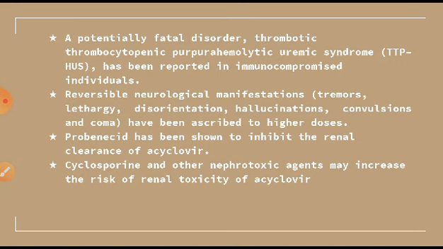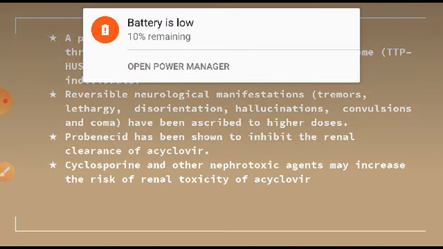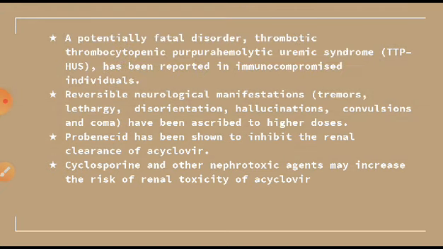Reversible neurological manifestations like tremors, lethargy, disorientation, hallucinations, convulsions, and coma have been ascribed to higher doses. Probenecid has been shown to inhibit the renal clearance of acyclovir, so there is a drug interaction between acyclovir and probenecid. Cyclosporins and other nephrotoxic agents may increase the risk of renal toxicity of acyclovir.